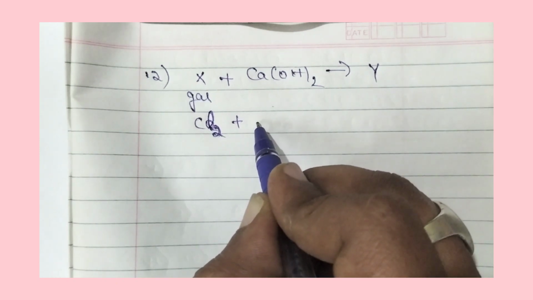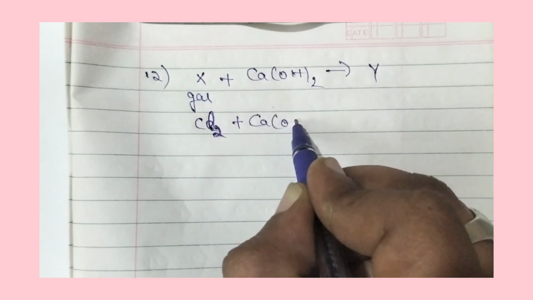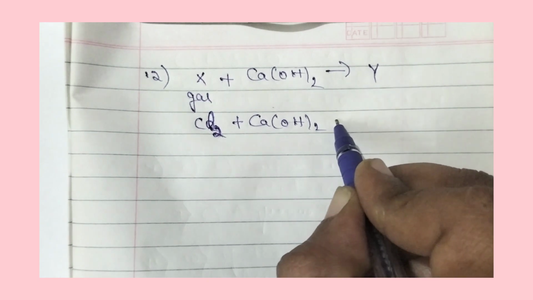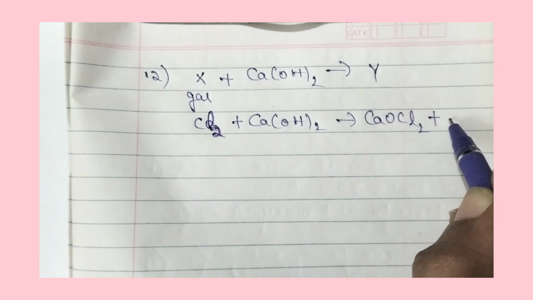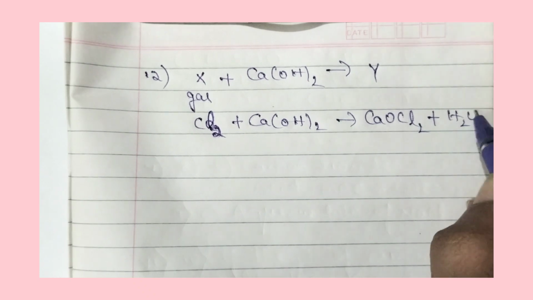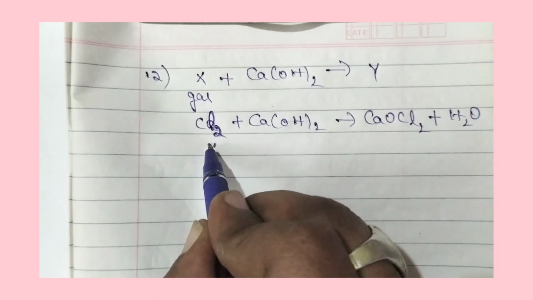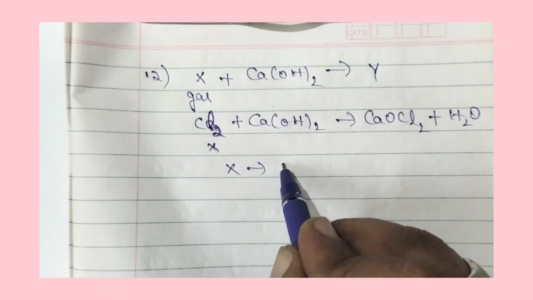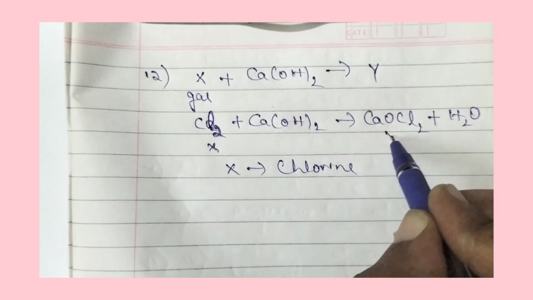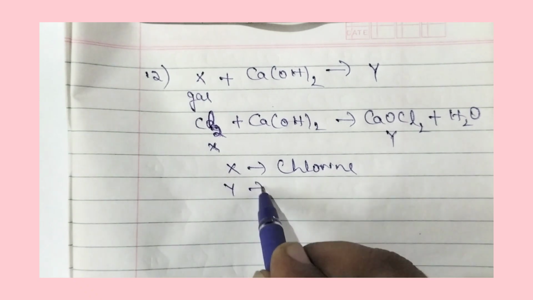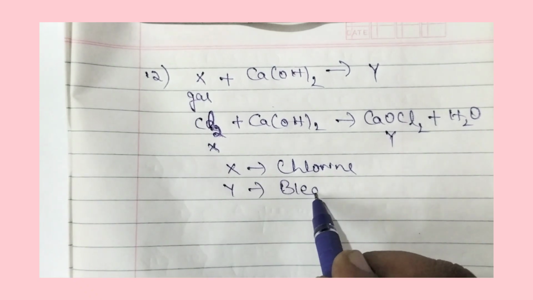When chlorine gas is passed through lime water, it will become CaOCl2 plus water. Here X is chlorine gas, and the compound Y is called bleaching powder.